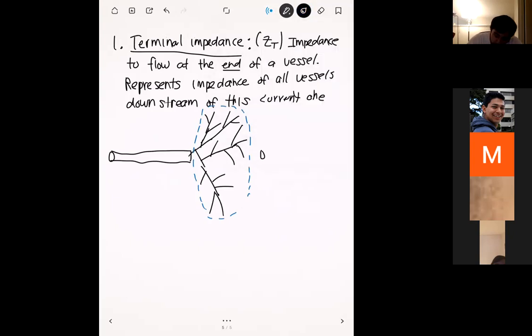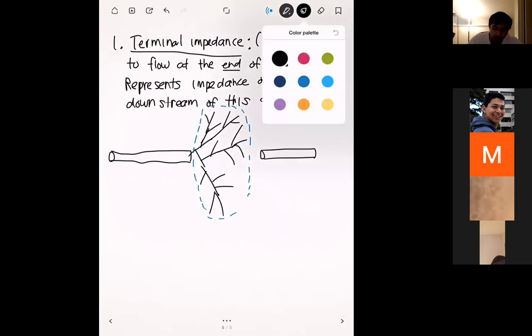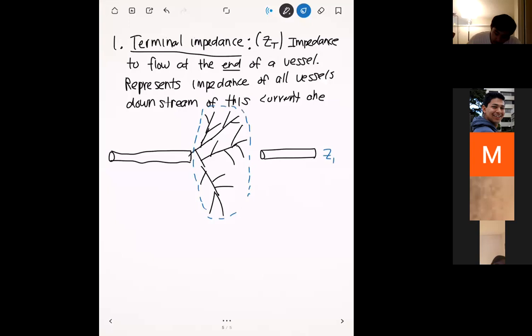Instead of having a big tree right there, we can replace it with a single complex number called terminal impedance. And usually this is something that's given to you in the problem because it's hard to solve for otherwise.